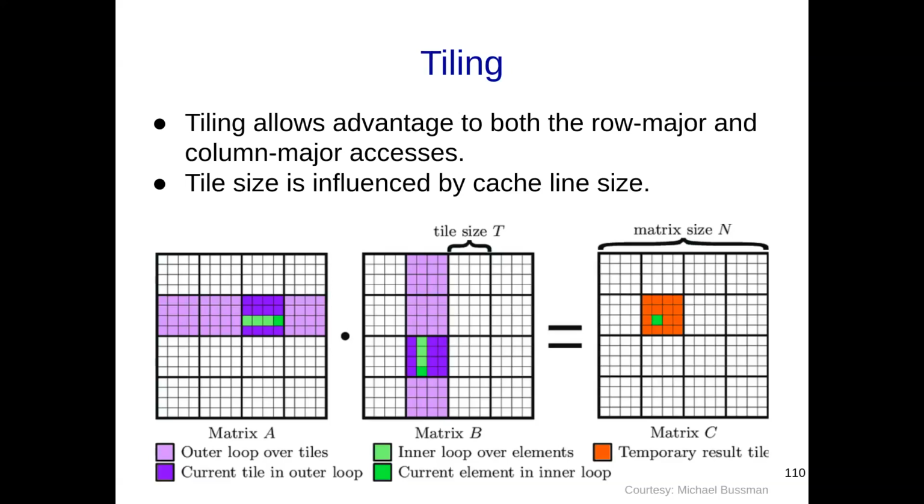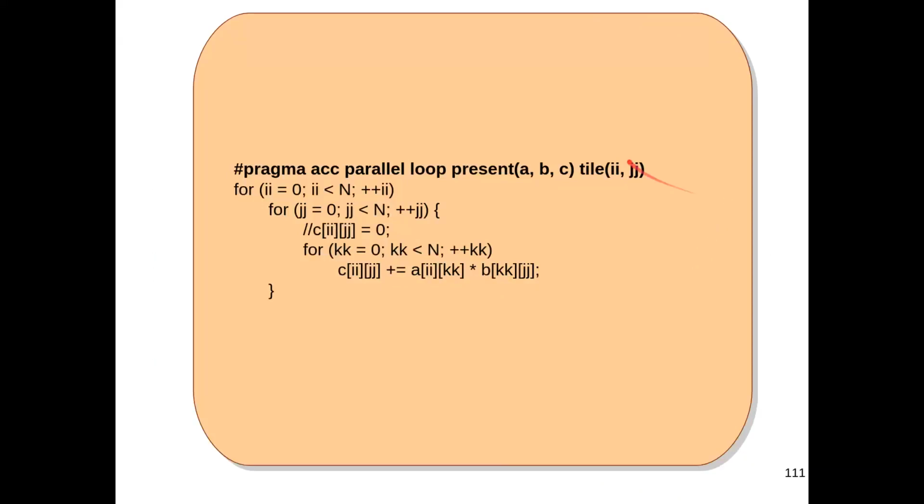It turns out that OpenACC developers probably found this very common because many people will deal with matrix operations, and therefore they have provided a keyword, thankfully, to take care of this. So that keyword is tile, and you specify it prior to your loops, and you specify which indices you want that tile to be made of, and internally the code that gets generated is essentially 2 loops per index that is specified here.